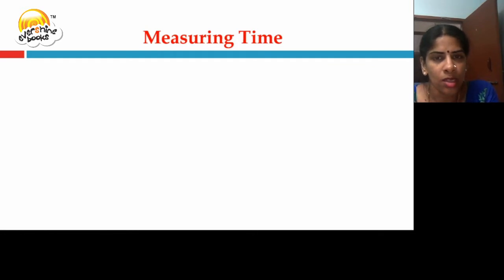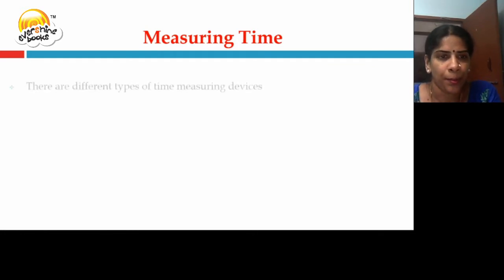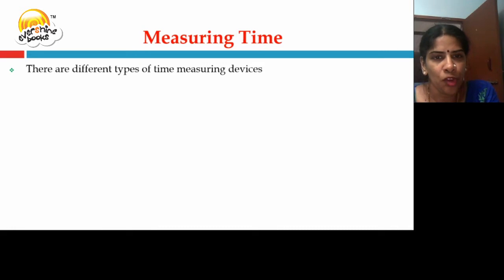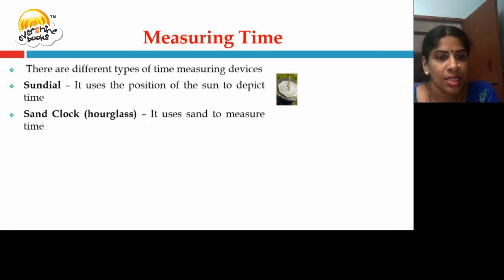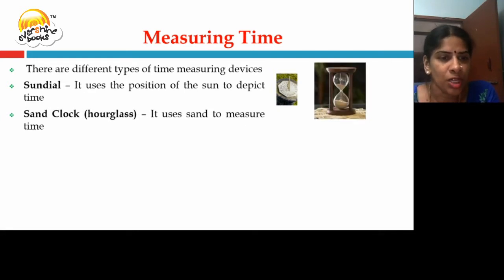Let us now discuss how to measure time. There are different types of time measuring devices. Sundial, it uses the position of the sun to depict time. Sun clock or hourglass, it uses sand to measure time.